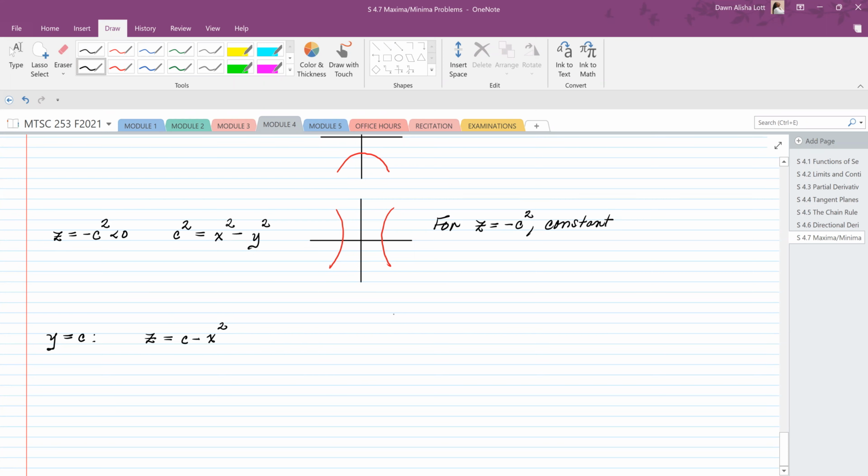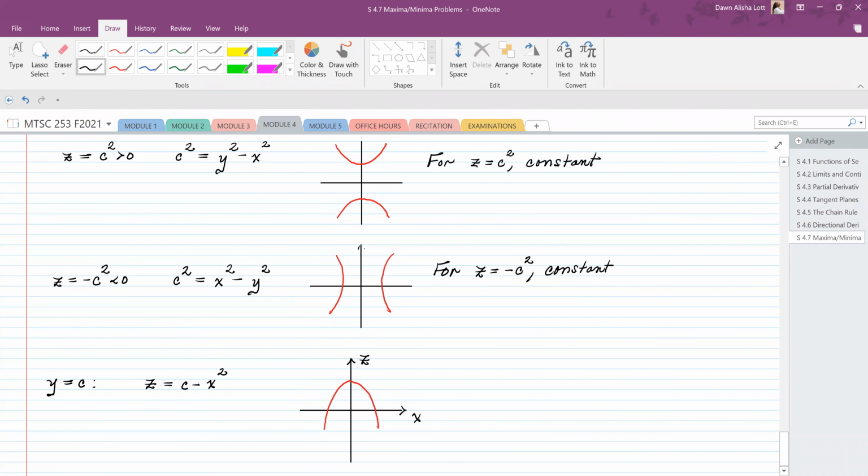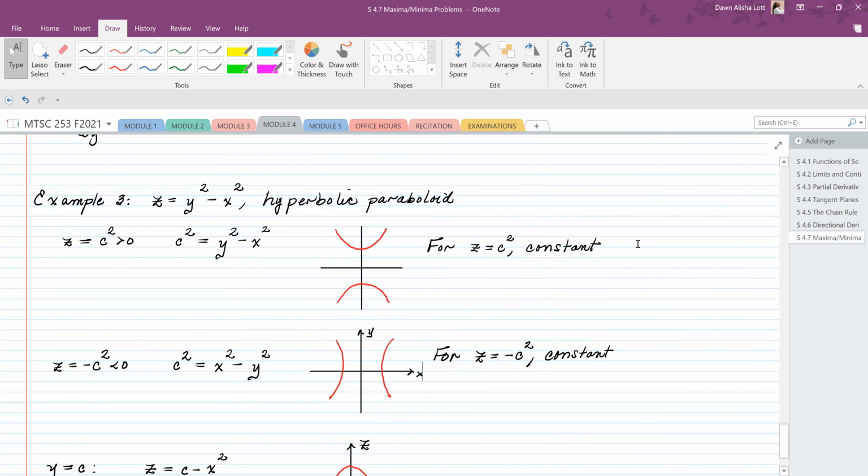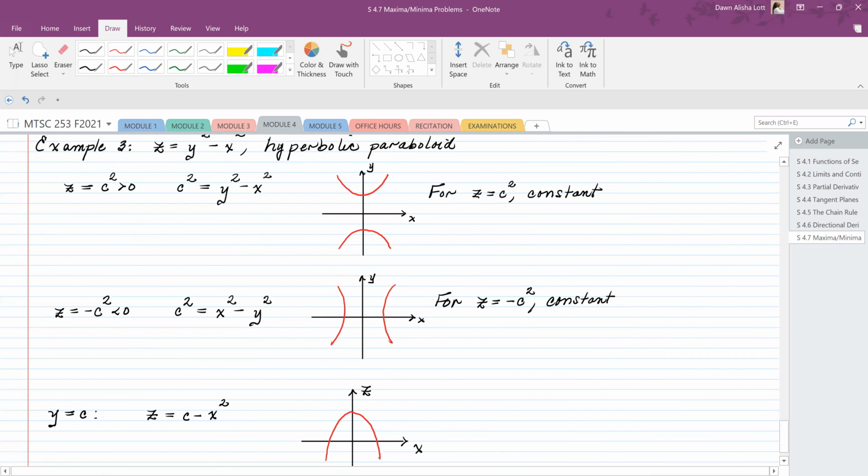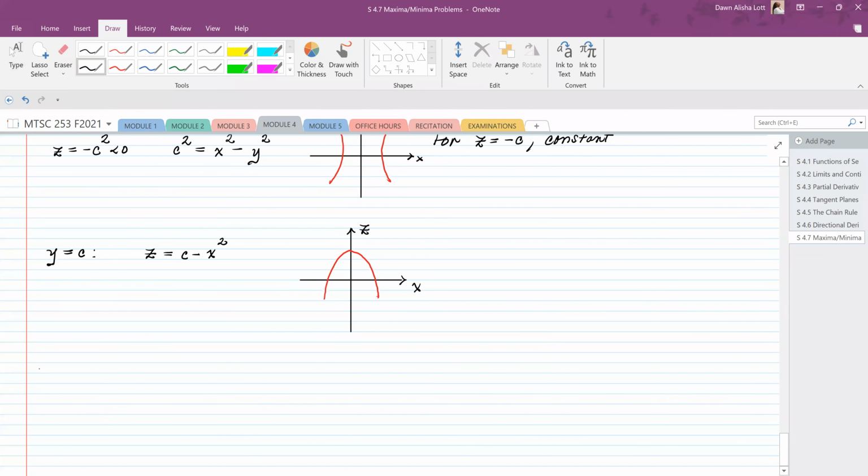And so that's a parabola, an upside down parabola. Like that. This is z, x, this is y, x.